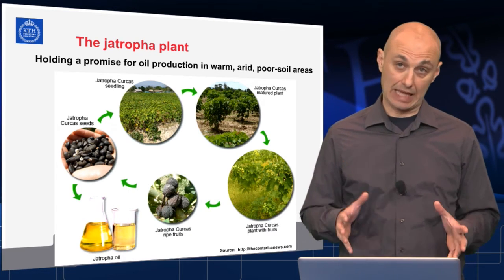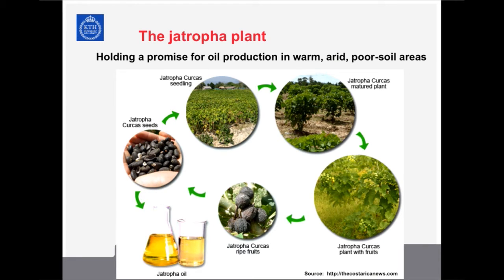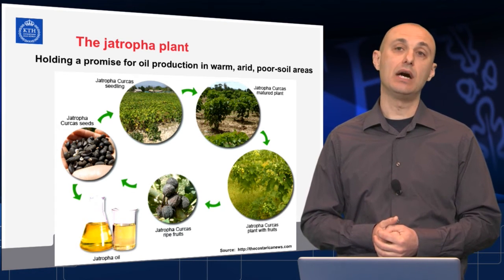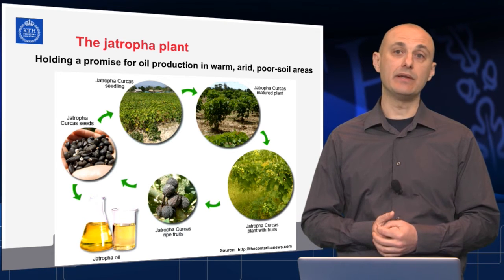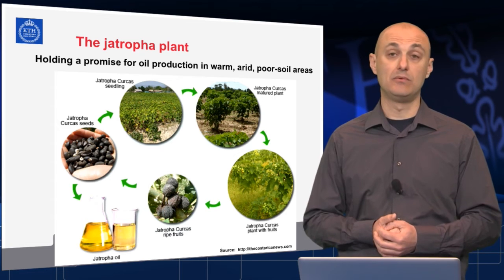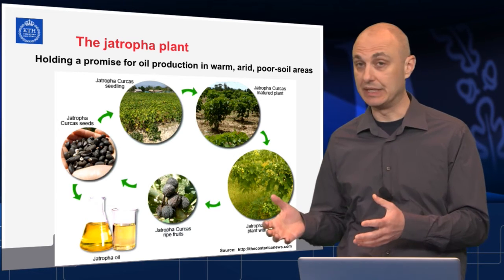The jatropha plant is, well, believed to be the solution for tomorrow, especially in arid or semi-arid, warm climate, marginal soil areas. However, we should quickly open a bracket here and discuss what do we do in those areas.